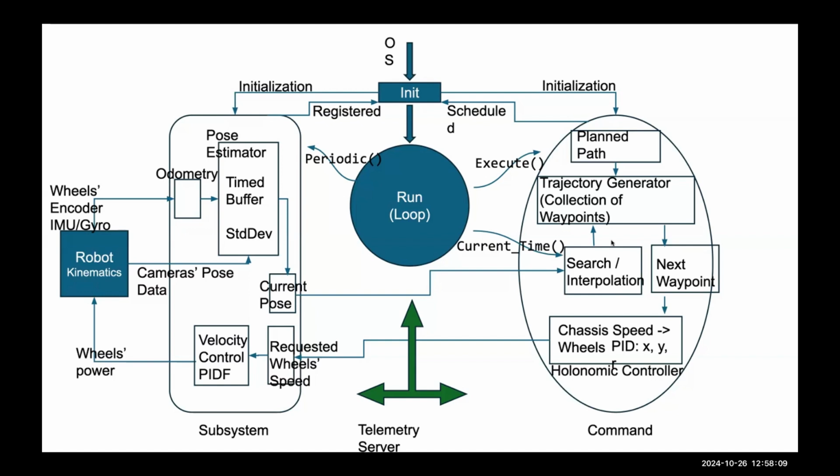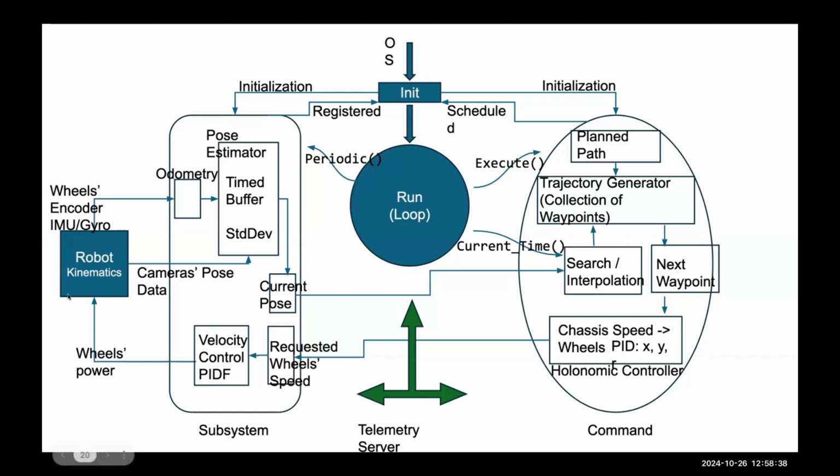And at any given point, these waypoints are compared to each other. And if there's any offset that is found, it's then passed into the chassis speeds. And through the use of a PID holonomic controller, it returns a corrected wheel speed that is then passed back into the subsystem for the drivetrain. And these requested wheel speeds go into the velocity control. And that's basically where the loop starts again.